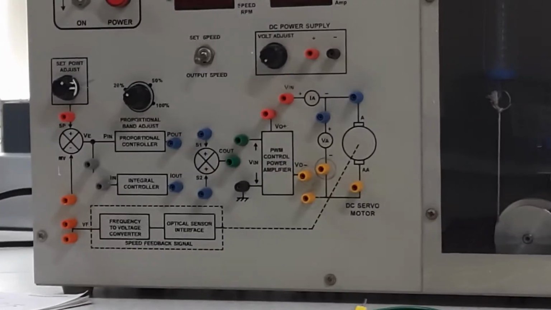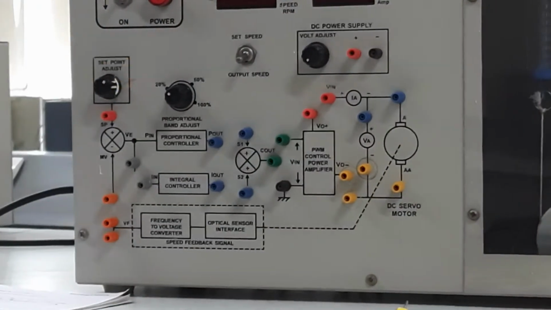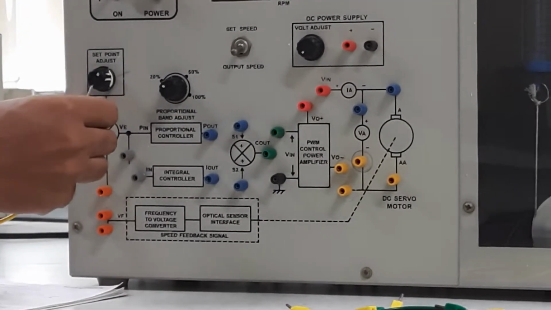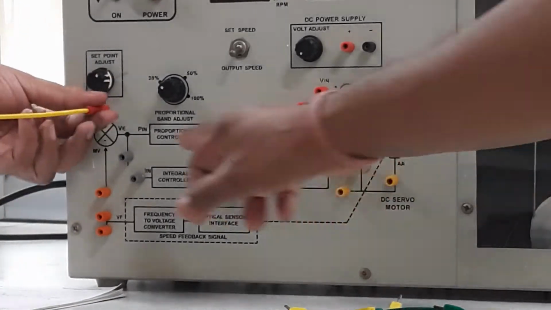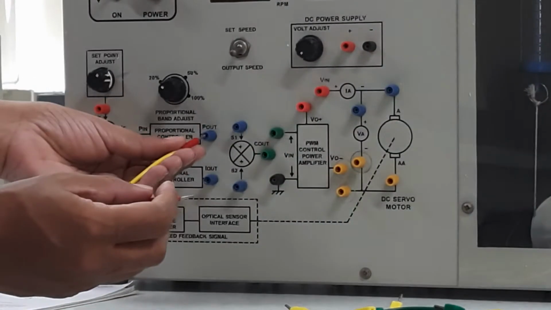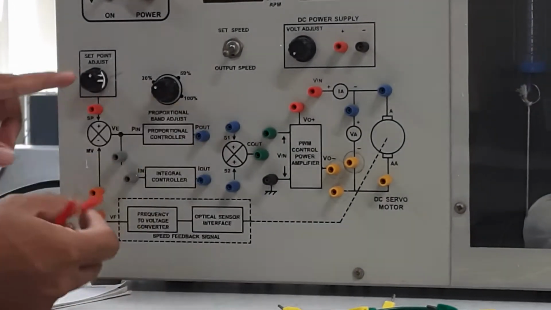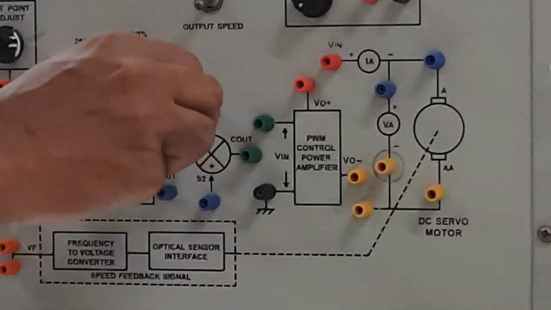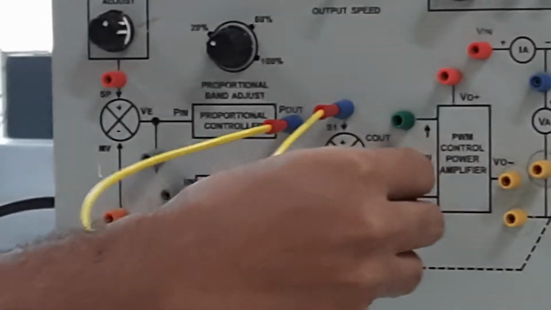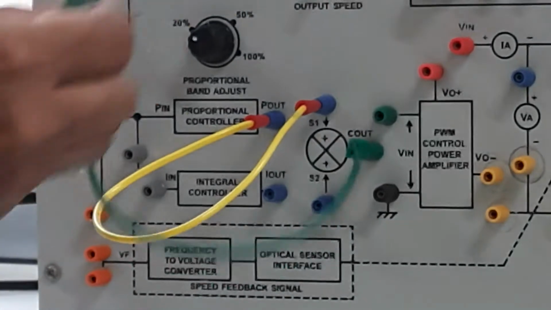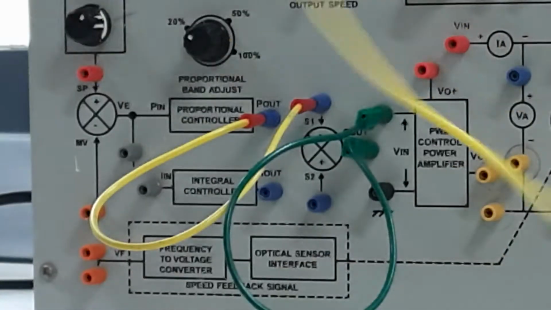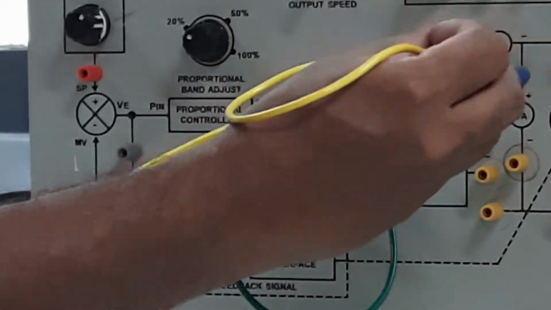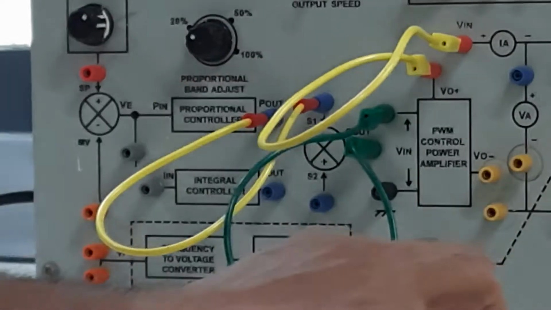So let me start with the procedure of performing the experiment. First, the set point is not required because it is already connected inside. From the proportional controller output, give it to the summation unit, and then the output of your summation unit give to the PWM input of the controller, and then from the output of your controller give it to the armature in series.